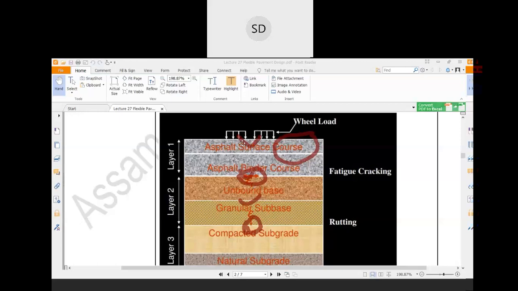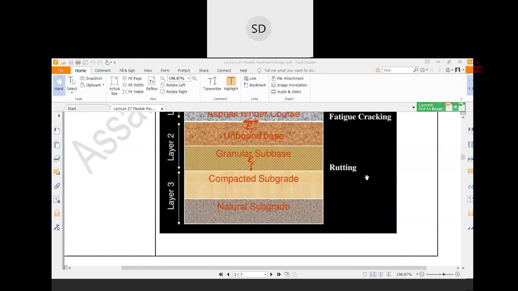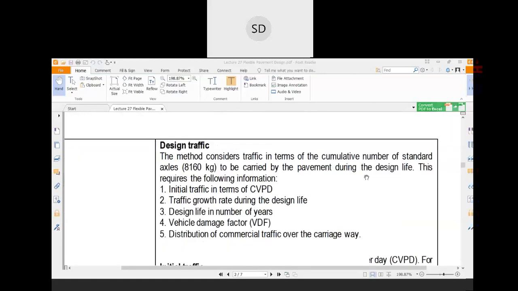So whatever potholes you observe over the road surface are basically types of rutting, and in most cases they happen because of subgrade failure. For these reasons, the subgrade course is very important for flexible pavement design.